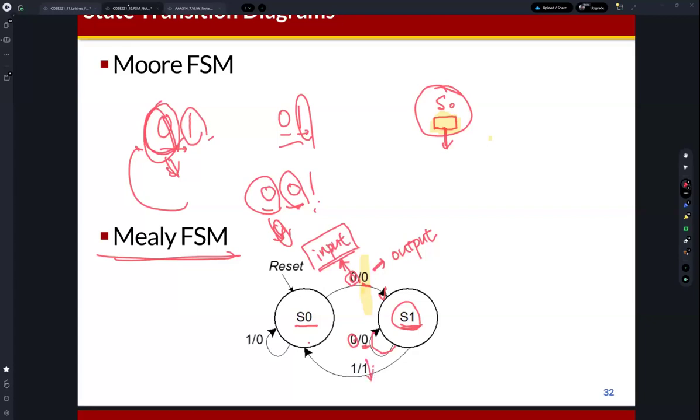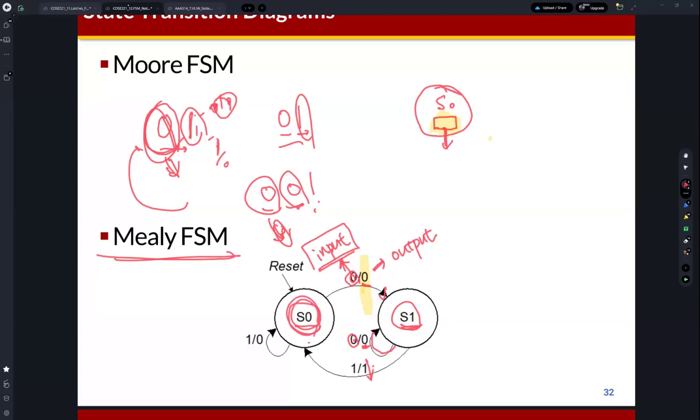And then the state goes to S0 because if the 1 is the input, then if the next input is 1, then it is still 0. Then if the next input is 0, still it is 0, right? So regardless of input values, the output is already 0. This means the S0 state.